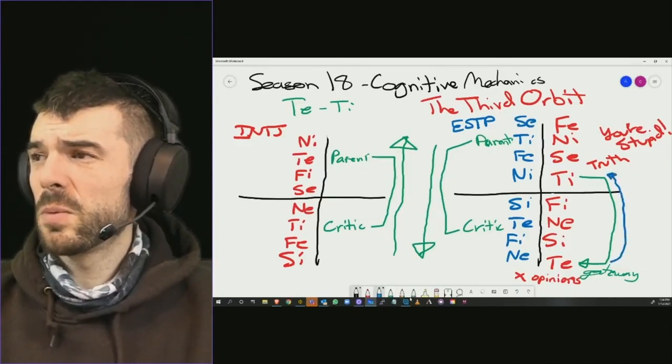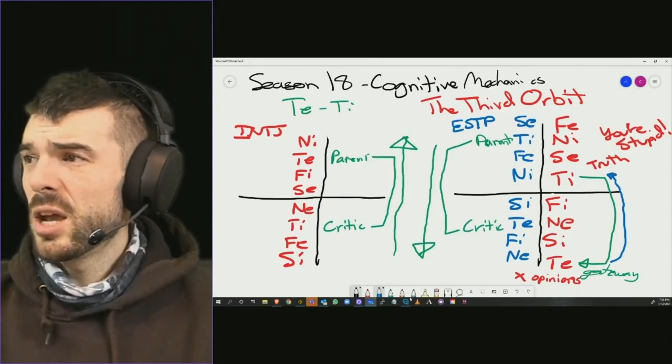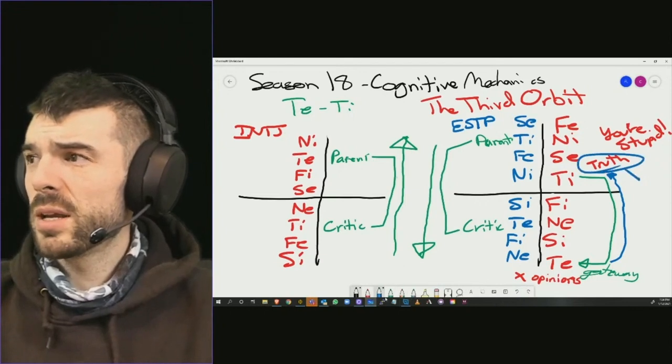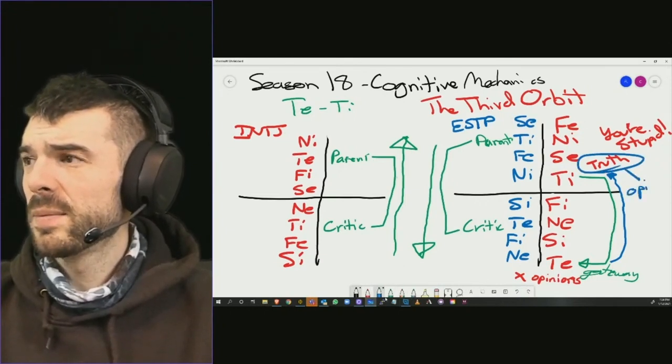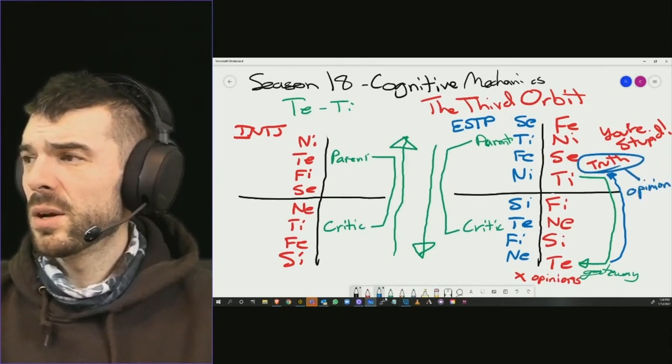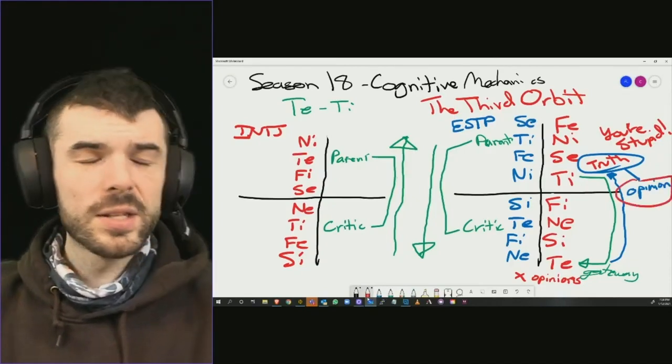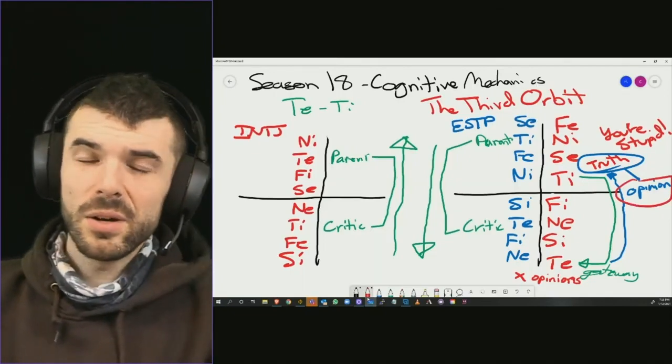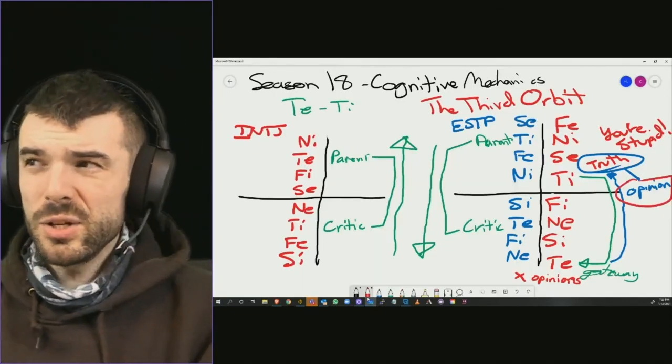The TI function, in order to bolster its truth, is utilizing the demonic opinion, and it's able to protect the infant.